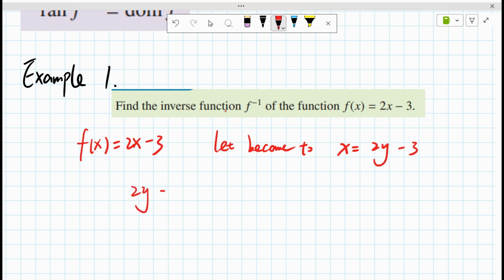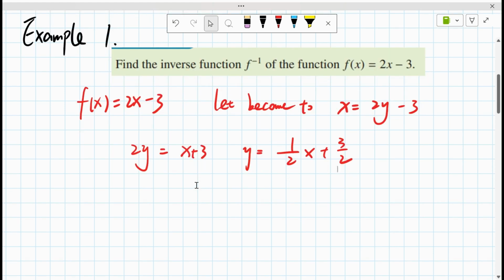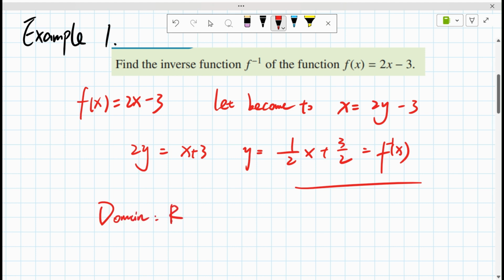So 2y equals x plus 3, and y equals a half x plus 3 over 2. This is the inverse function, f to the -1 of x. If they ask about the domain and range, the domain is the real numbers, and the range is the real numbers as well.